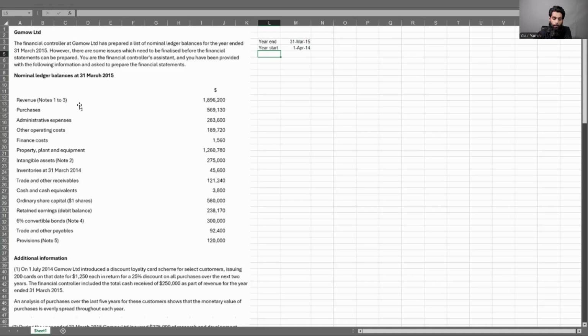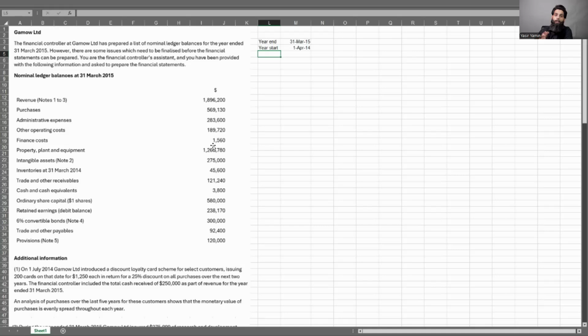$1,896,200. But there are some notes, note 1 till 3, that you still need to refer to. You have been given purchases, which will be helpful when you are calculating your cost of sales. You have been provided with administrative expenses of 283,600, other operating costs of 189,720, and finance cost of 1,560.